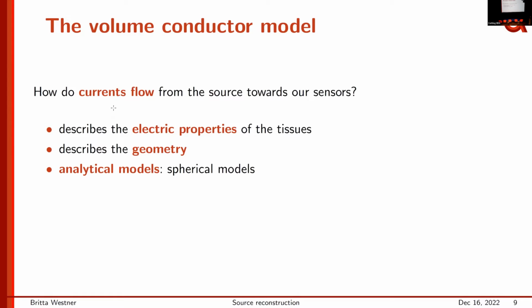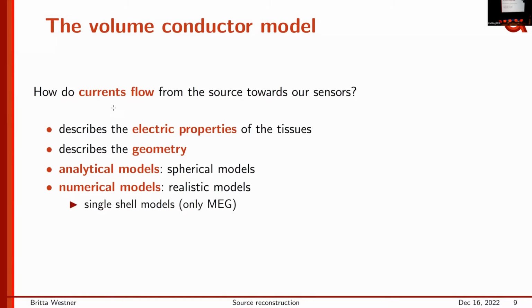And then we have different ways to compute such a volume conductor model. We have analytical models, those are spherical, and then we have numerical models, which are more realistic. For example, a single shell model.